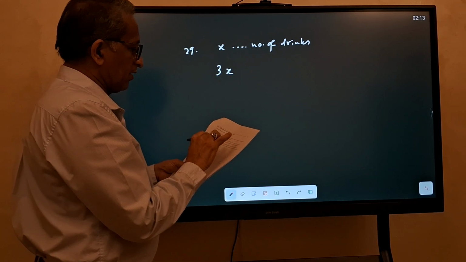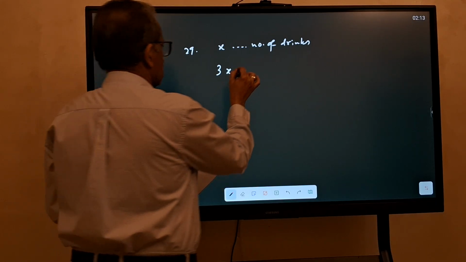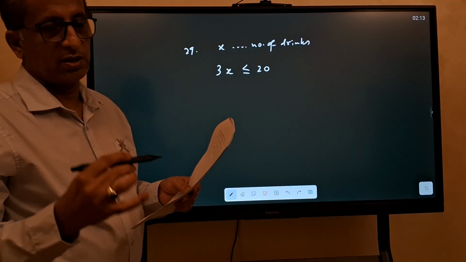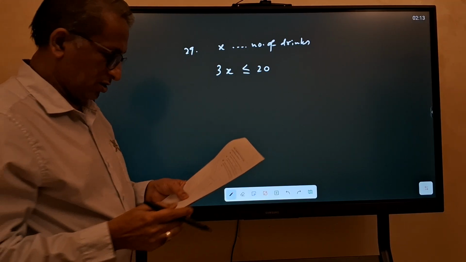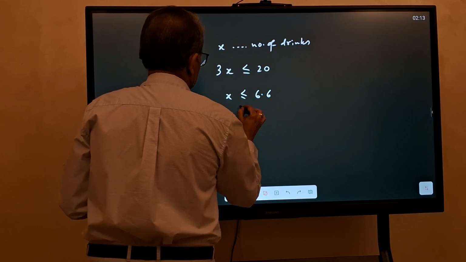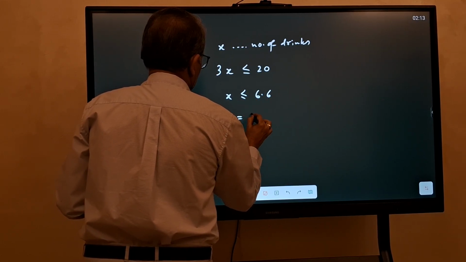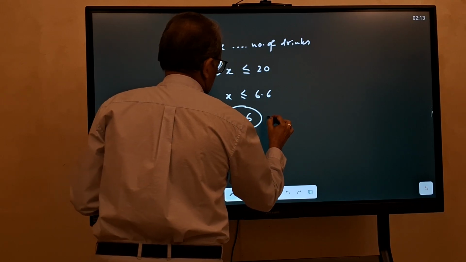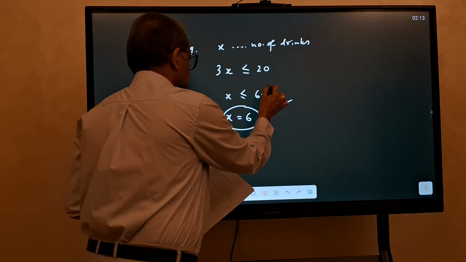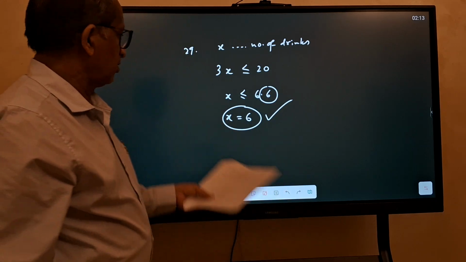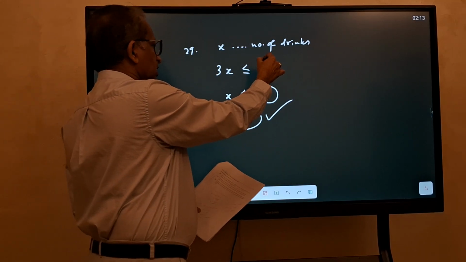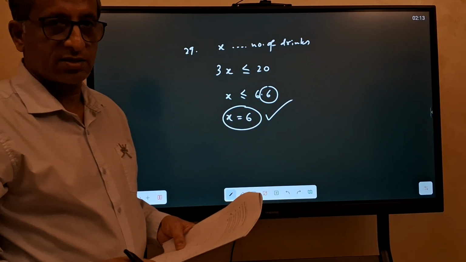So gift card is 20. That means it should not cross 20, or it may be 20, and it should be less than 20. Solve this, you will get x less than 6.6. That means she can go for maximum 6 drinks. 0.6 I cannot take. So I will take the whole number. That means maximum in that card 20, she will get 6 drinks only.